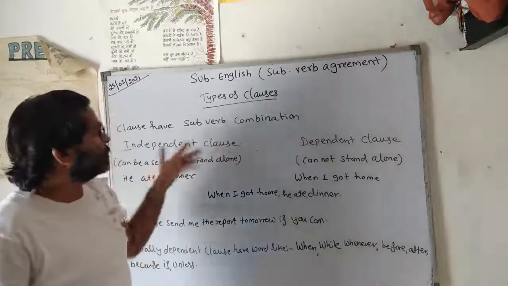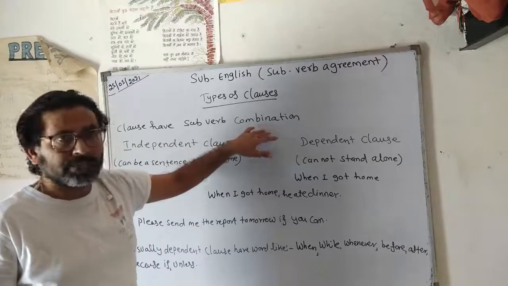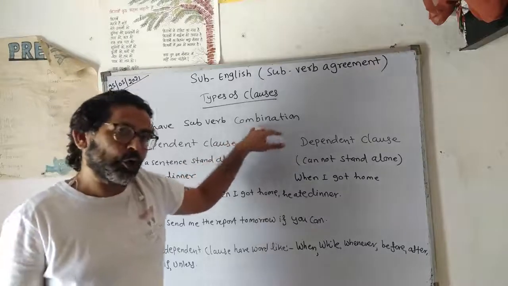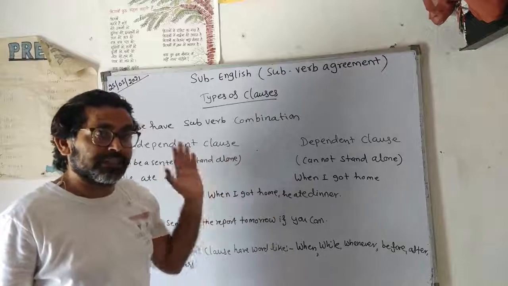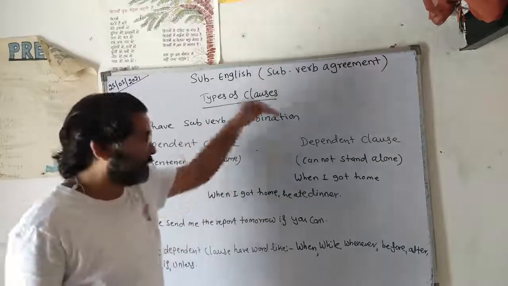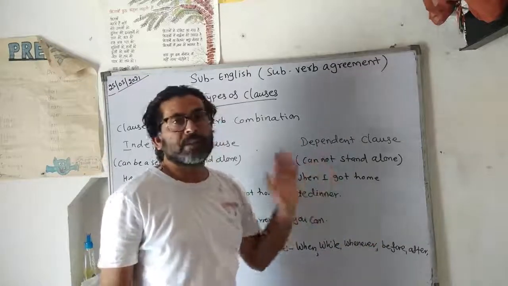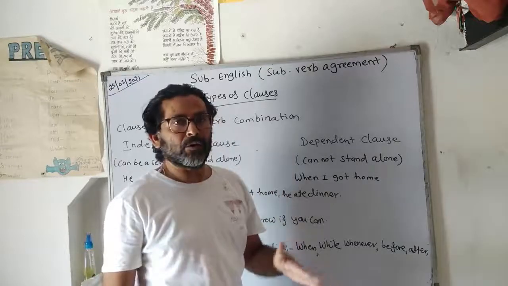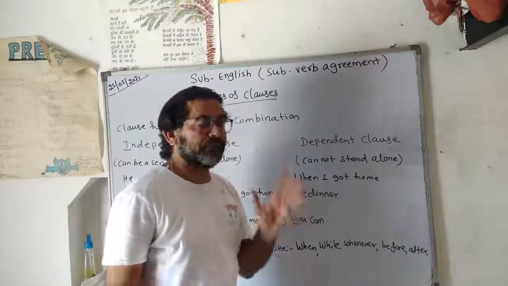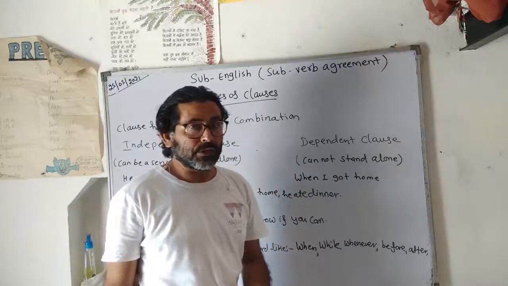A clause has a subject and verb combination. The first is the independent clause, which stands alone, and the other is the dependent clause, which cannot stand alone. A dependent clause always needs an independent clause to exist.